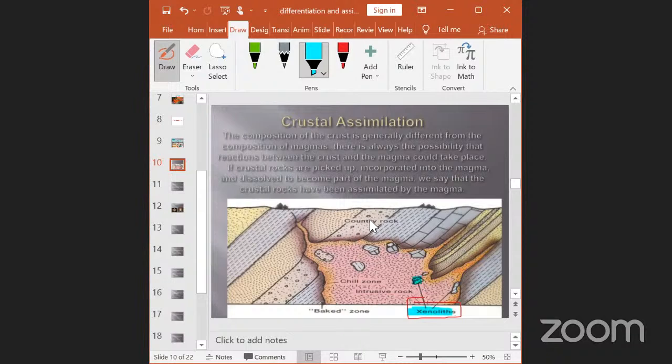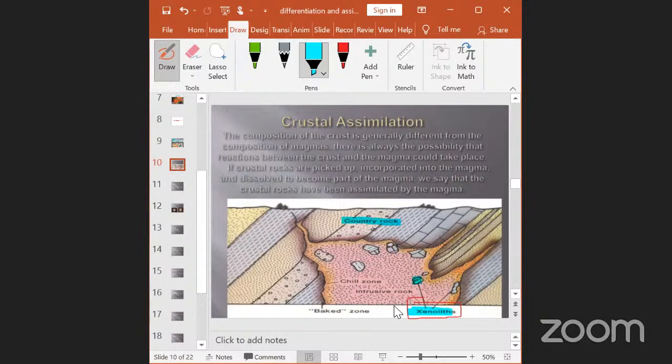These are the country rocks. So xenolith contamination. This contaminant need not belong to the reaction series in order for it to cause reactions or dissolution. So in most cases, the end result will be a shift from the original composition of the parent magma towards that of the contaminant.